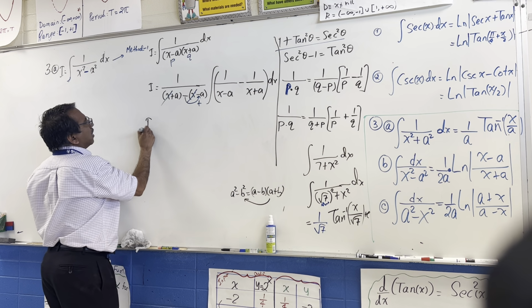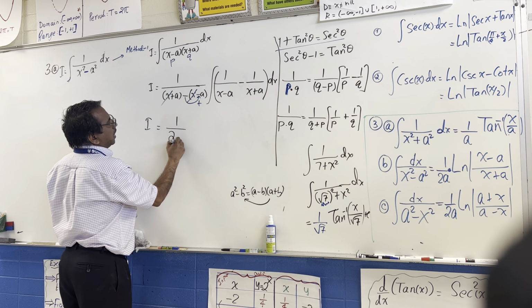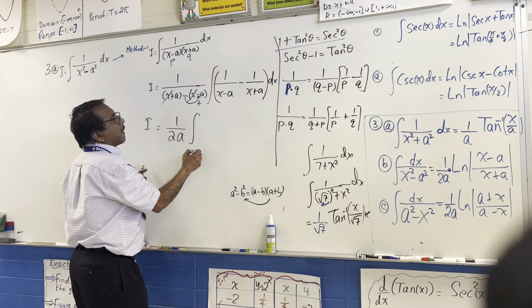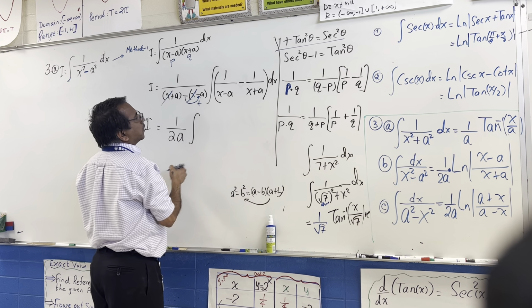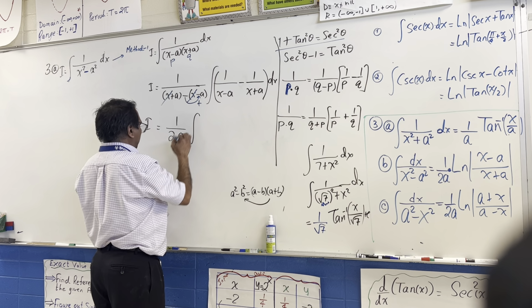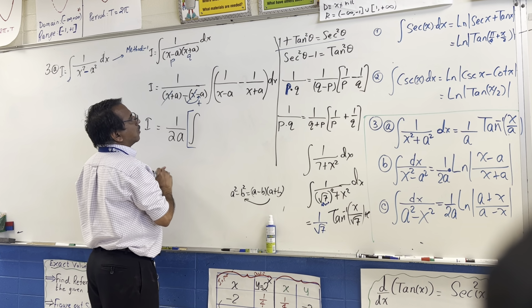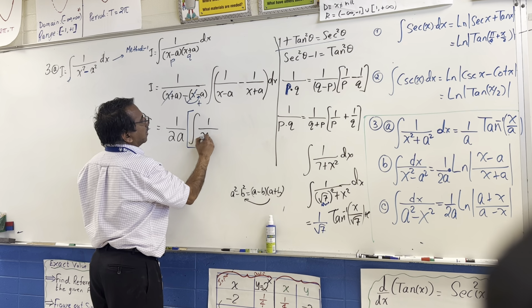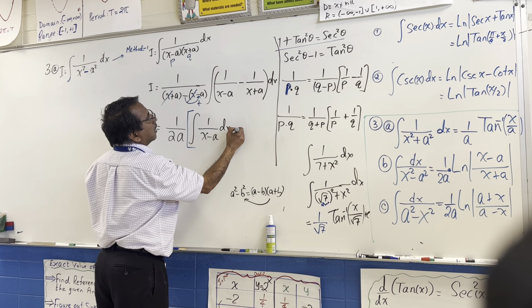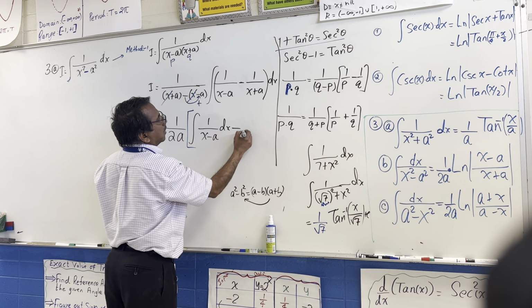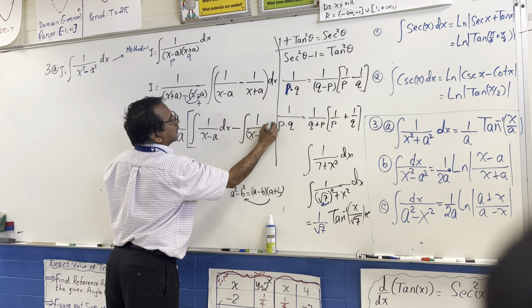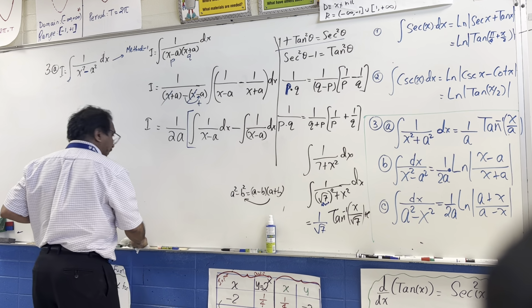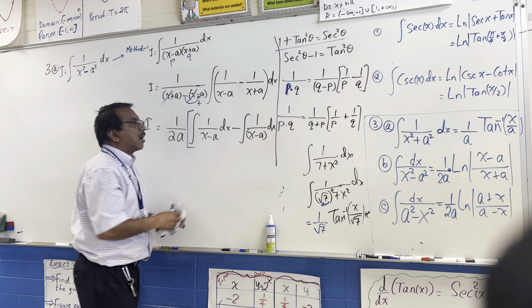So I equals 1 over 2a times the integral, and here there are two parts, so I will write it separately: the integral of 1 over x minus a dx minus the integral of 1 over x plus a dx. Is that correct? Okay, check it out.